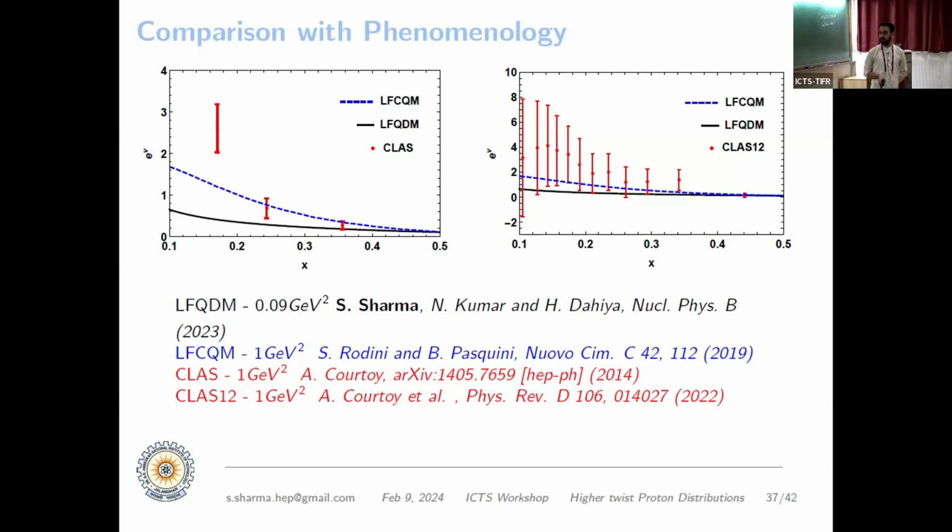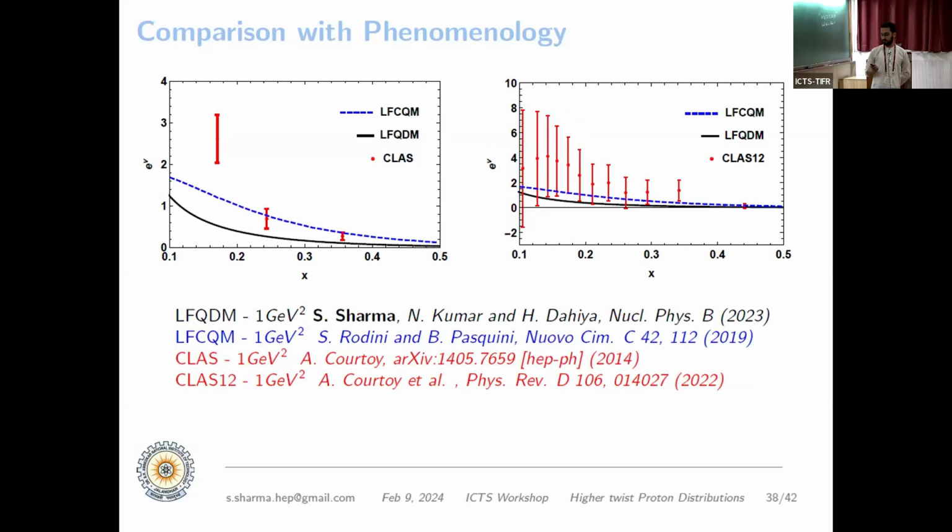So to give an idea, we have compared it at 1 GeV square. Here we can see at 1 GeV square, there is some overlapping with the data. But yeah, underlining that, we should check by considering the higher twist evolution equations, and we are working on that.